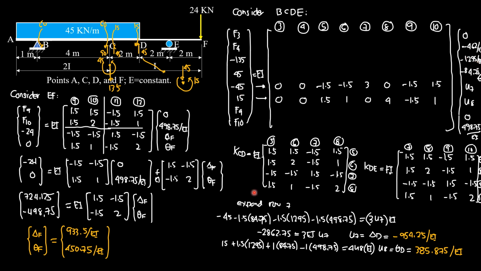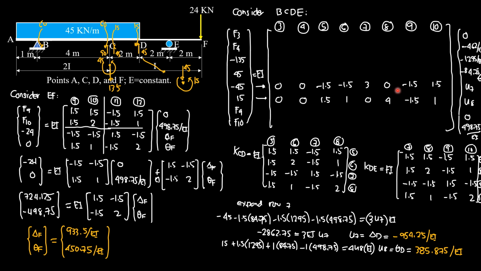So negative 45 minus 1.5 times 1295, which is this. Then negative 1.5 times negative 84.75, that's positive, but transposed to the left, it's minus again. So minus 1.5 times 84.75. Then 3 times U7, just leave it 3 U7 EI.